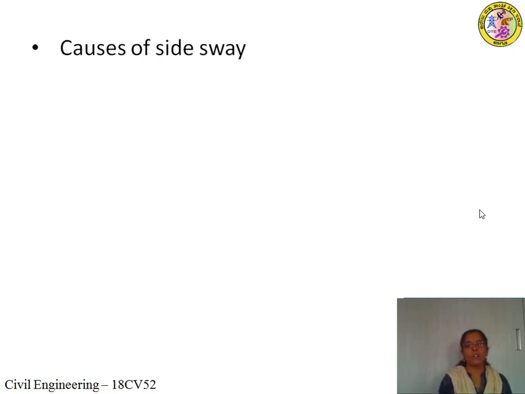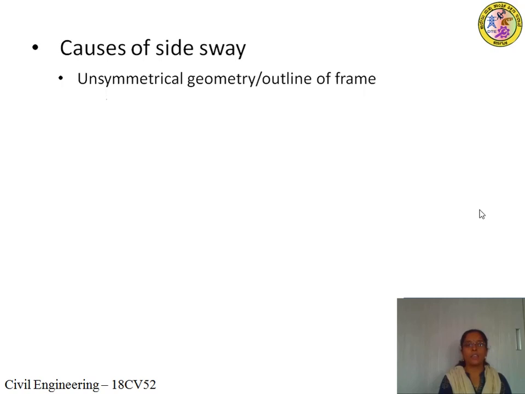Next, why does sway occur in a frame? What are the different causes of side sway? The first cause is if the frame has an unsymmetrical geometry or outline. If the frame has an unsymmetrical geometry like this, you can clearly visualize that the length of the column is different. The boundary conditions may be the same, but the lengths are different.